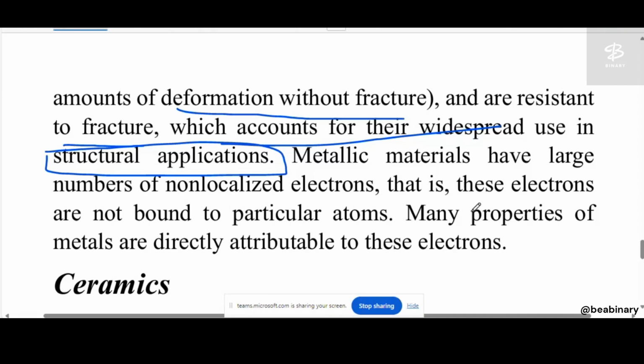Metals are good conductors of electricity. Why? Because they have free electrons in their orbital structures. These free electrons are responsible for conducting heat from one place to another.